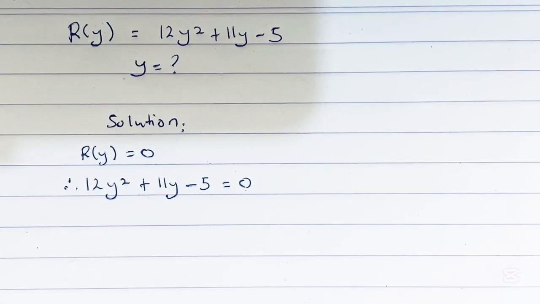So you realize this function cannot be factorized further. So what we do, we are going to use the quadratic formula, or popularly known as the bulldozer method, to find the values of y.